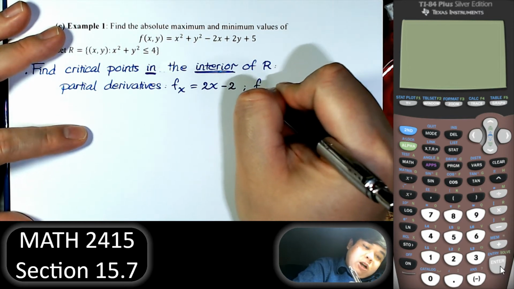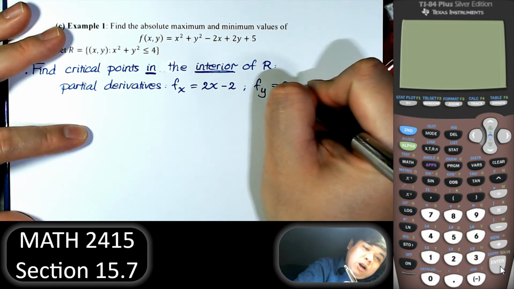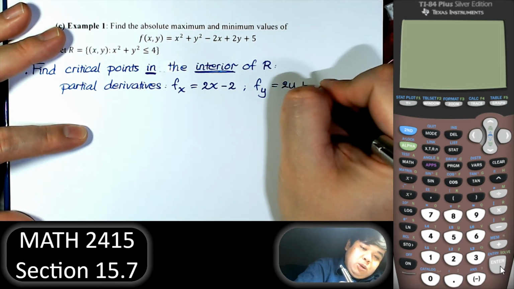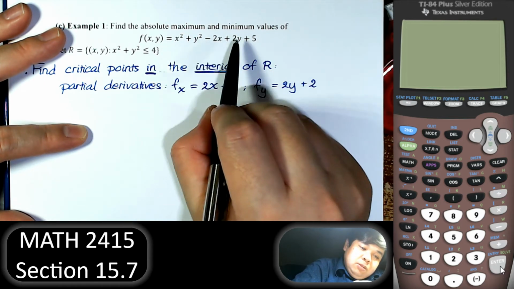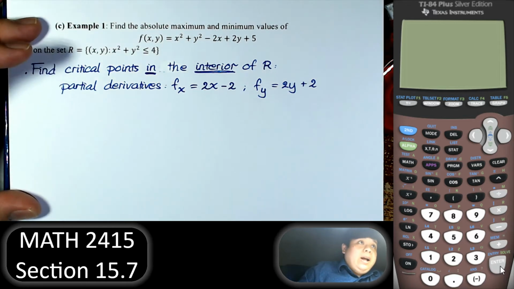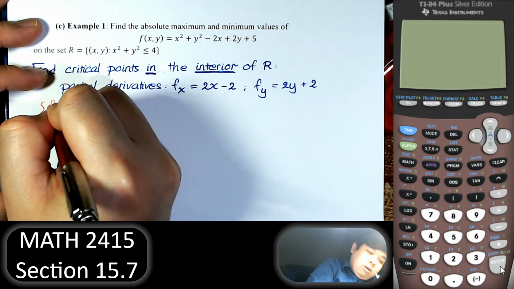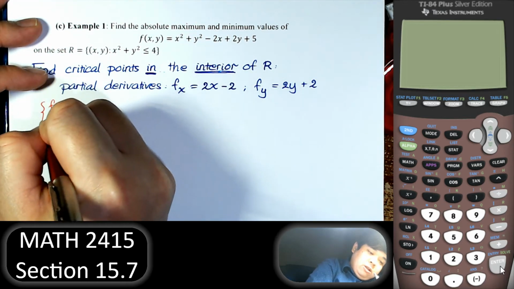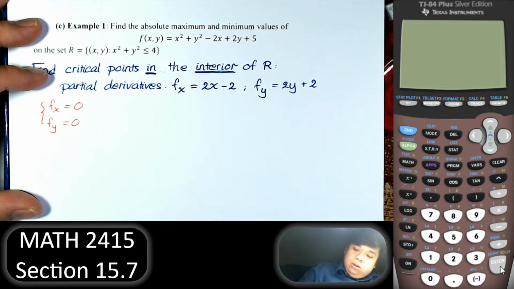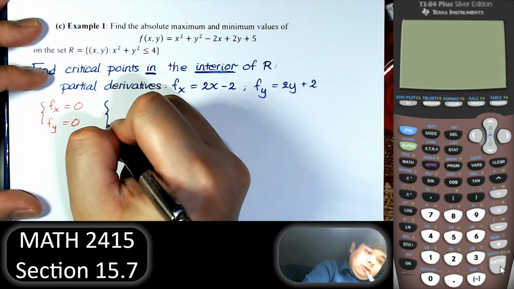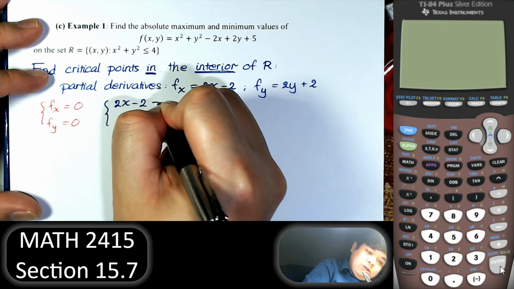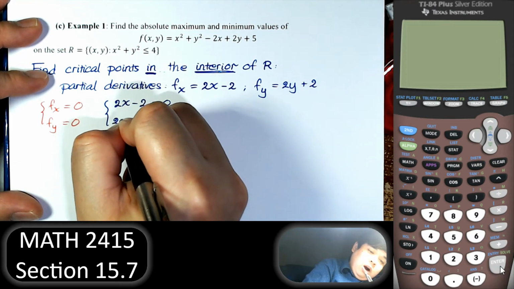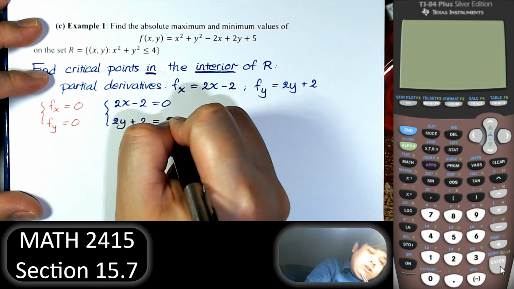Derivative with respect to y: plus 2. Now we will solve for it. Partial derivatives equal to 0. So we have 2x minus 2 equal to 0, and 2y plus 2 equal to 0.